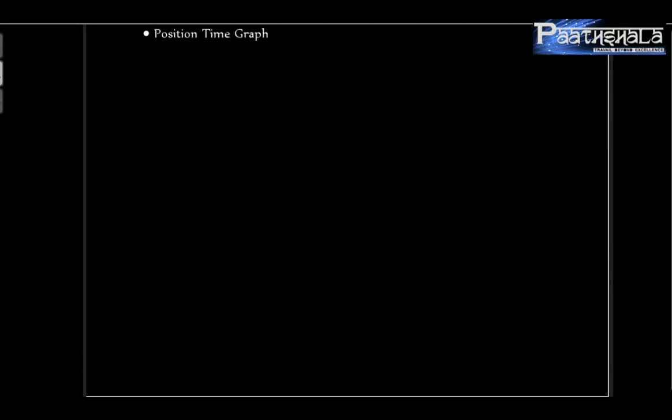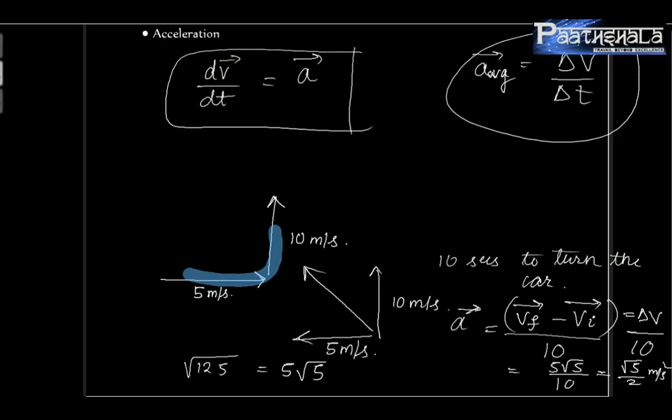The next topic is position time graph, but before that I would like to give you another example that involves our regular clock. Okay, this is the wall clock that we have here in the classroom. Let us say that here is the seconds hand. All right.